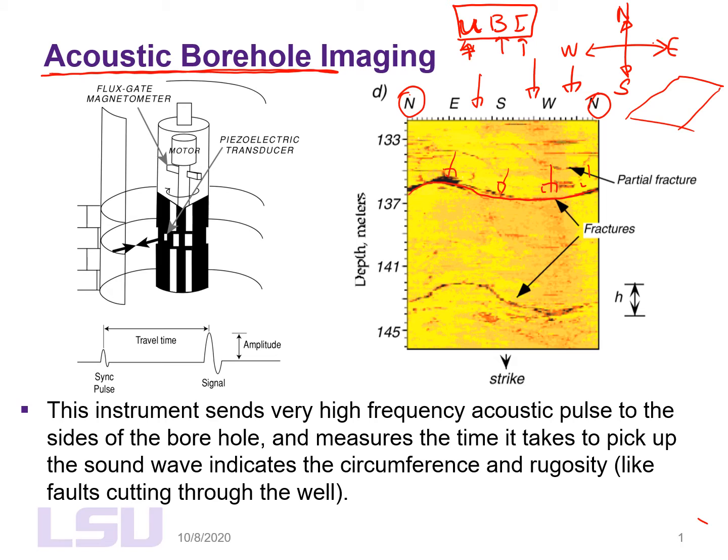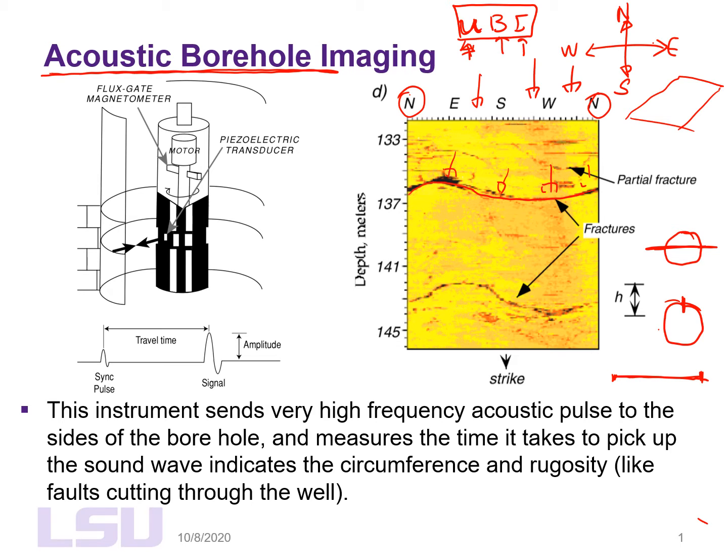So it's your wellbore opened up. If you cut it this way and you open it, actually you just need to cut it at one point. If you cut it at just one point, say here, and open it up, you're looking at the full circumference.